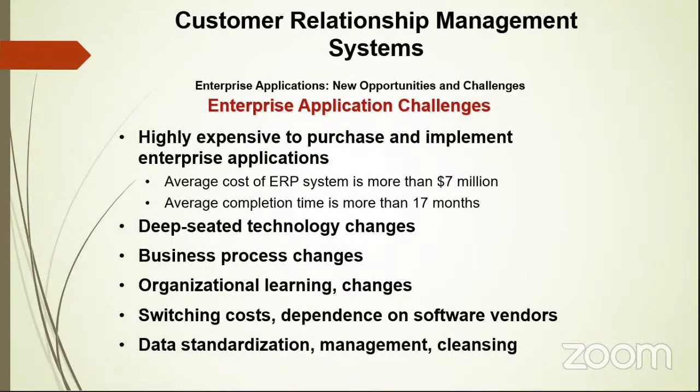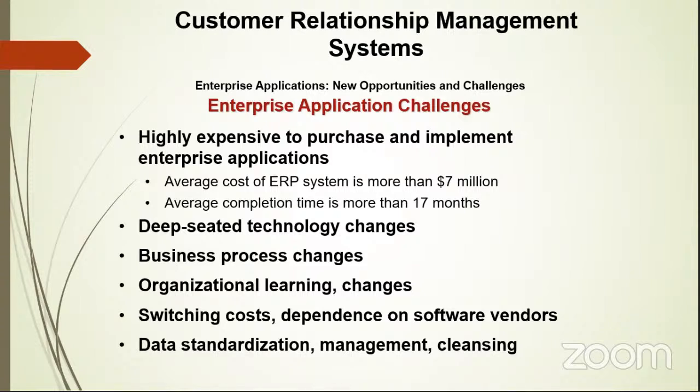There are a number of issues with enterprise applications. They can be really expensive to purchase. In US dollars, the average cost of an enterprise resource planning system is more than 7 million. Implementation time is typically more than 17 months. Not only are they expensive, use of this technology is challenging. It involves business process changes which are normally non-trivial.